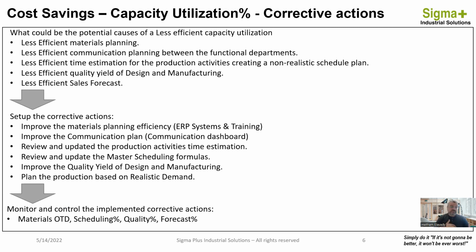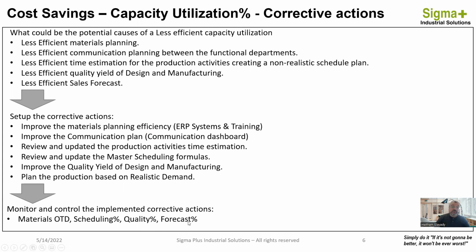And then after that, you start to set up the monitoring and control actions, monitoring the materials on time delivery to ensure that you have a better improved material planning, monitoring and controlling the scheduling efficiency, so you can ensure that you have improved the time estimation and the communication with the stakeholders, and monitoring the quality yield to ensure that you have reduced the errors and the mistakes coming from the design or from the manufacturing that we are causing, wasting time in the production.